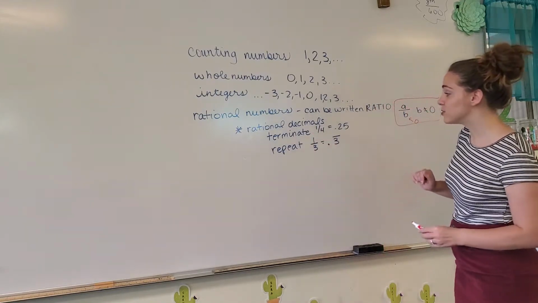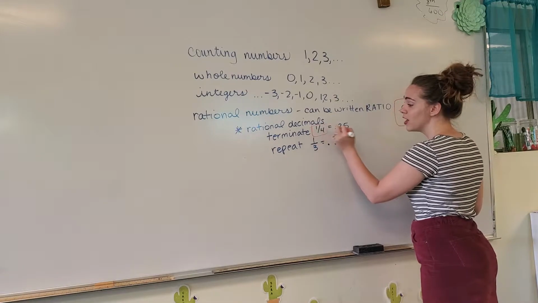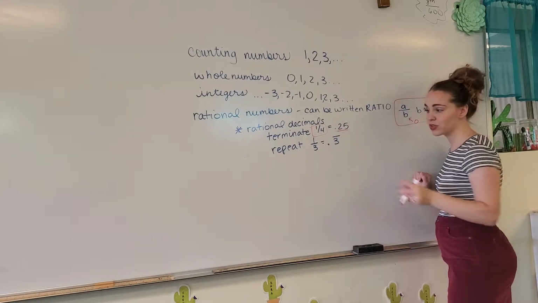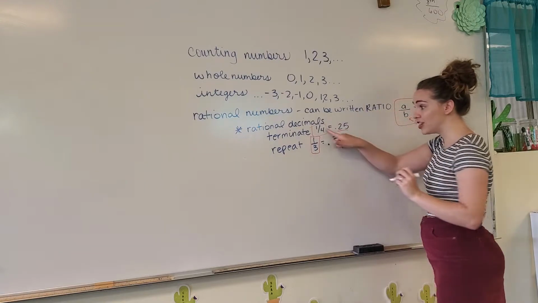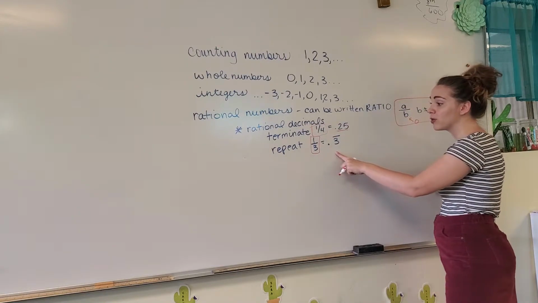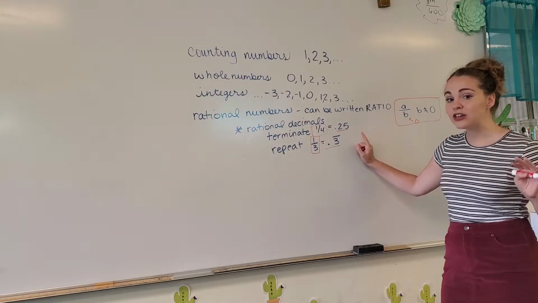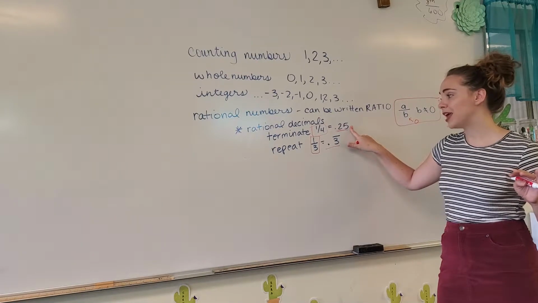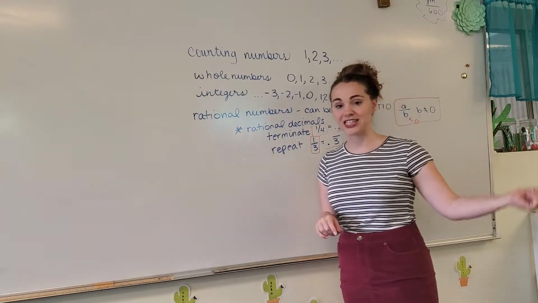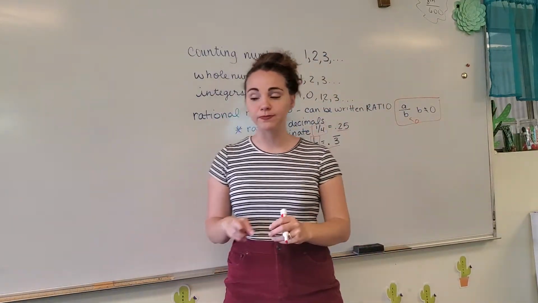But rational decimals terminate. Look at 1/4, 0.25, and that's done. Repeat, 1/3. You see how these are written as fractions? 0.3 with a line over it, and it repeats. So it's rational if it repeats or if it terminates. It's not rational if the decimal just keeps going and going.